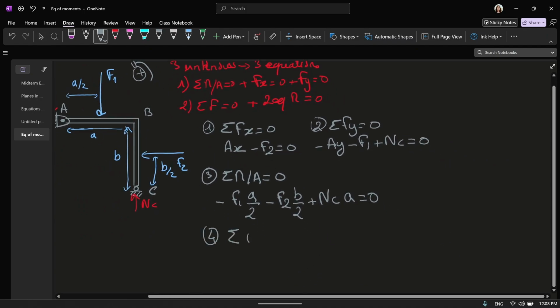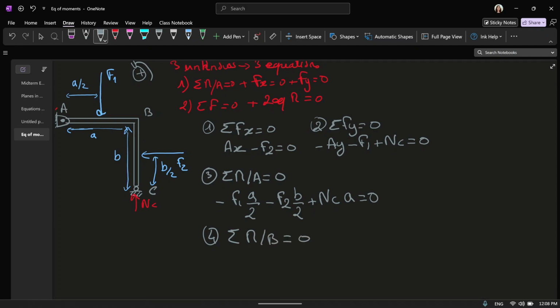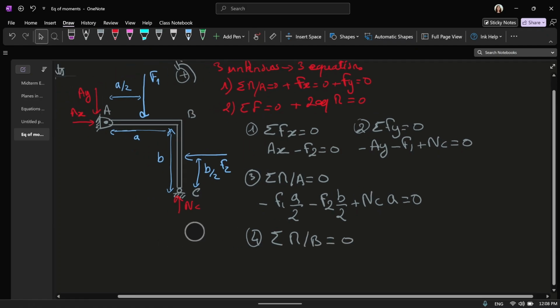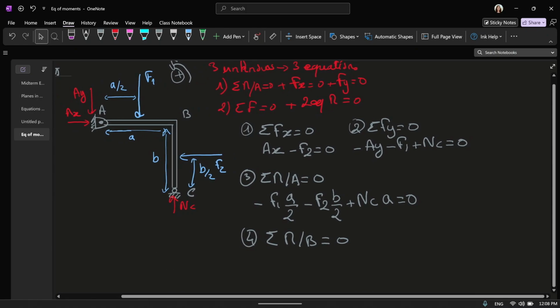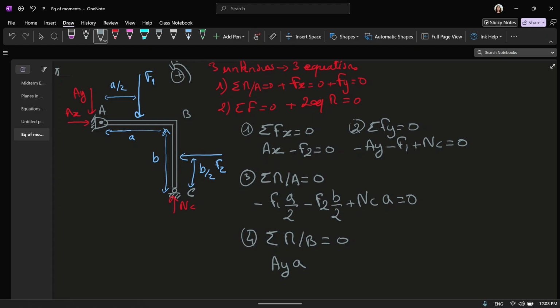Okay. Equation number 4. Let's do the sum of the moment about B equals 0. Okay. Free body diagram there, so what do we have? We have AY that creates a positive moment, so AY times A plus F1 times A divided by 2. And we also have minus F2 times B divided by 2 equals 0.